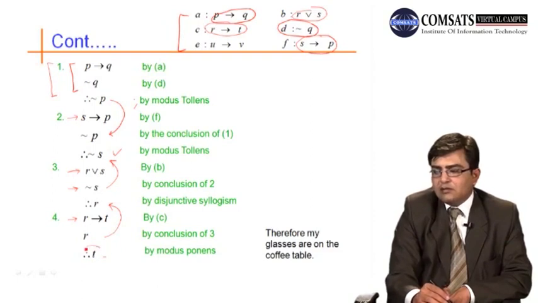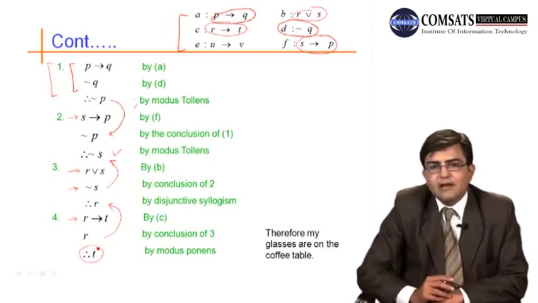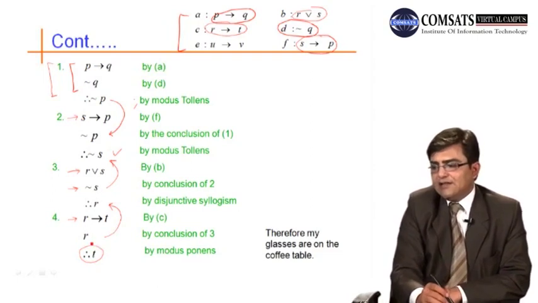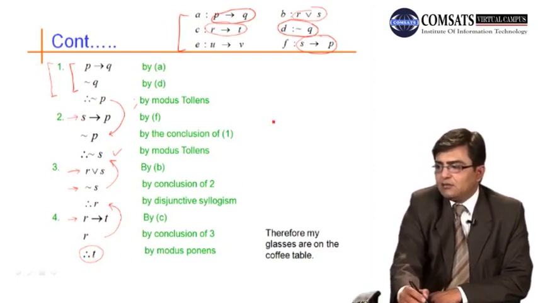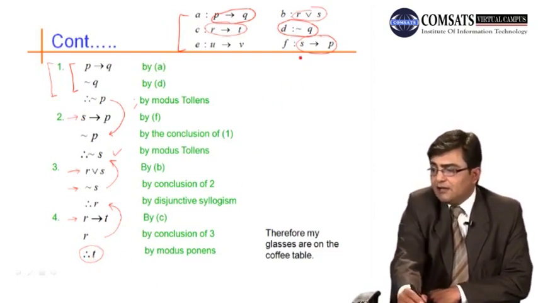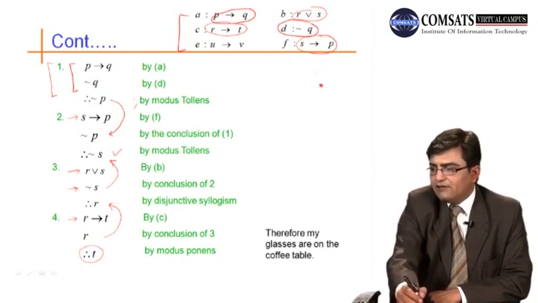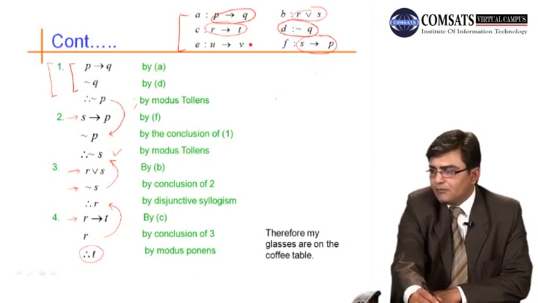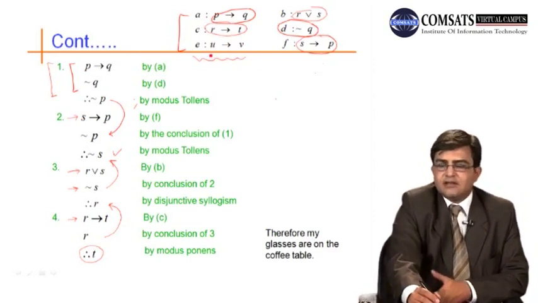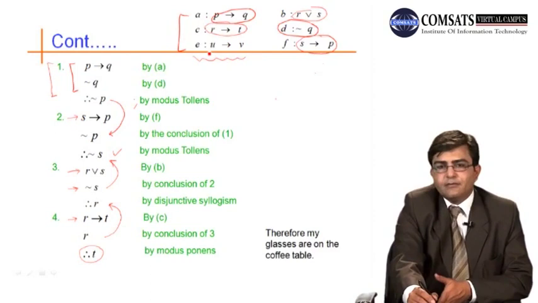Now we examine whether we can connect T with the remaining premises. We are left only with one premise here, which is this E. In E we have two different variables U and V, and we have the premise U implies V. In no other premise are U and V used.